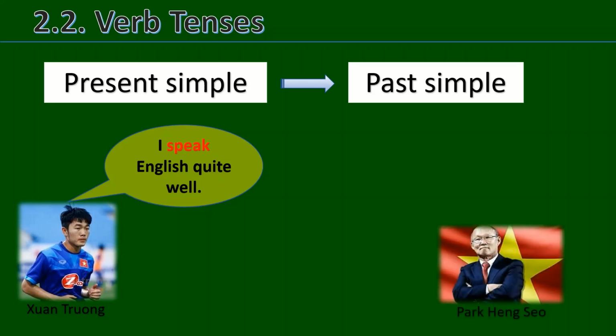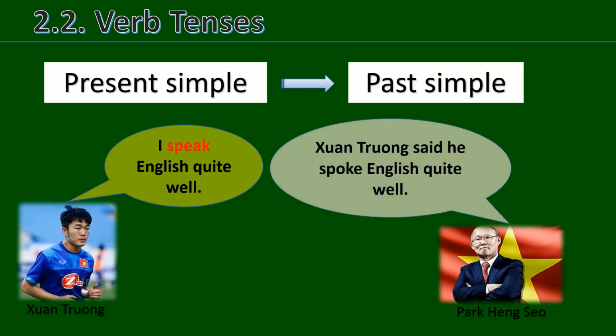So, I repeat, Mr. Park himself will report this sentence like this. Xuân Trường said that he spoke English quite well. So speak in present simple tense, we have to change into past simple tense.